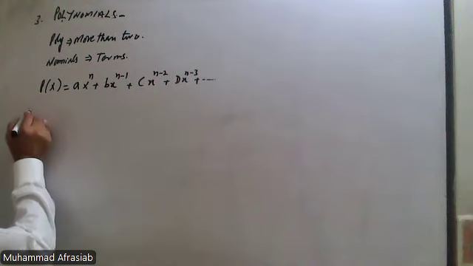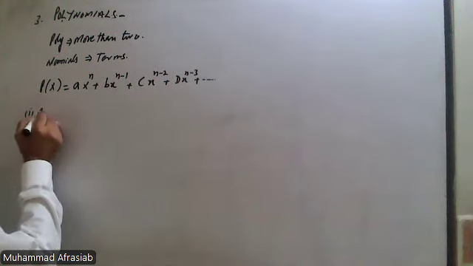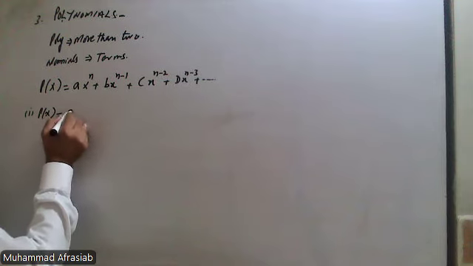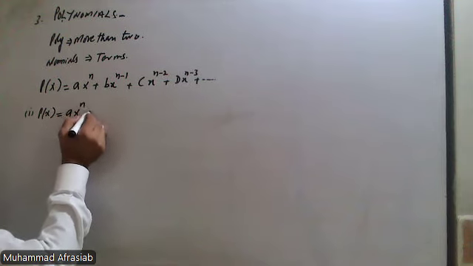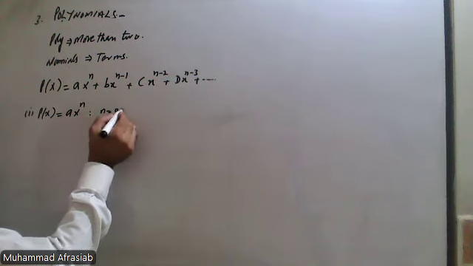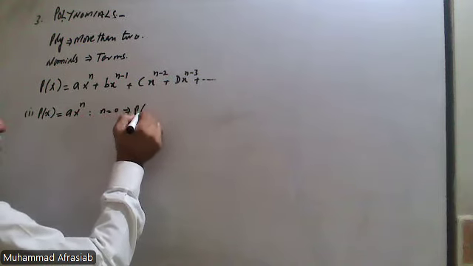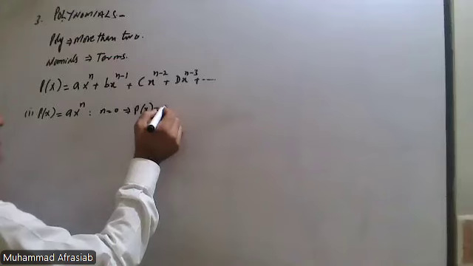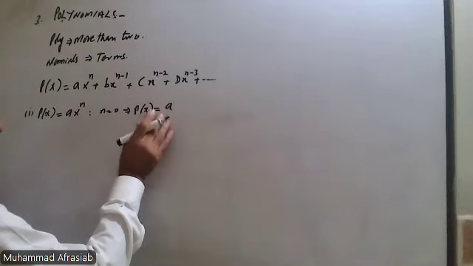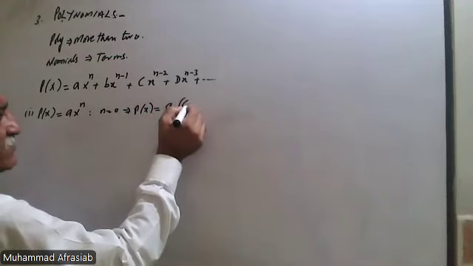Now, if p of x is equal to ax^n, where n is equal to 0, this means p of x is equal to only a. So it is known as to be called constant.